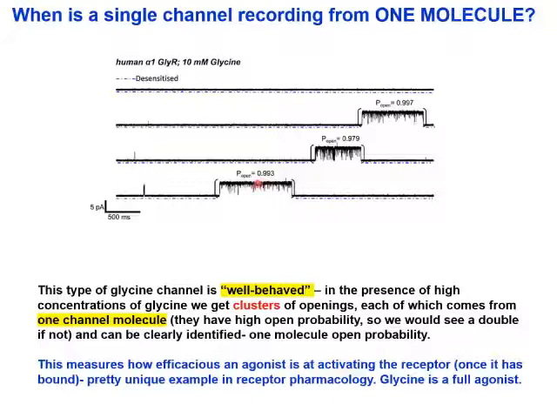So this tells us as pharmacologists that glycine is very efficacious, a full agonist on the glycine receptor. This is a pretty unique example in receptor pharmacology, that of ion channels, because this is a very difficult measurement to make.